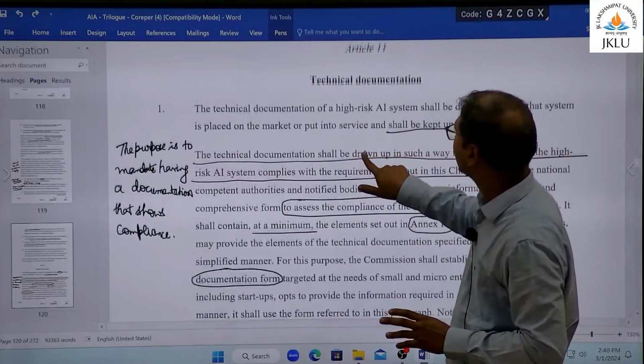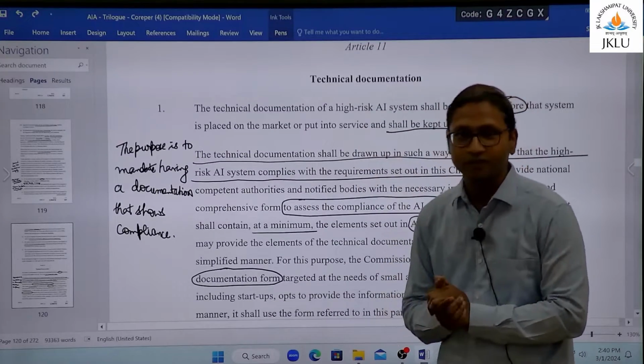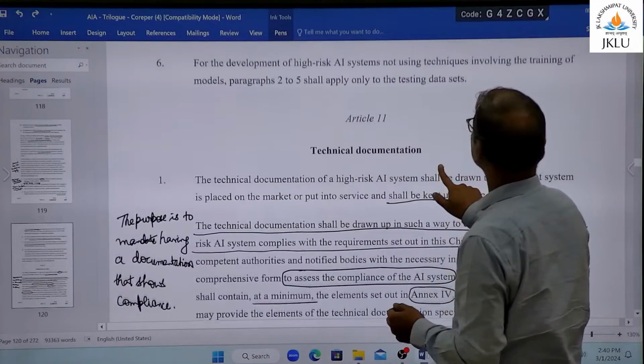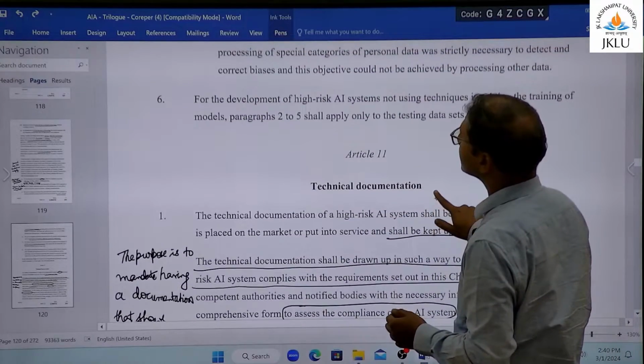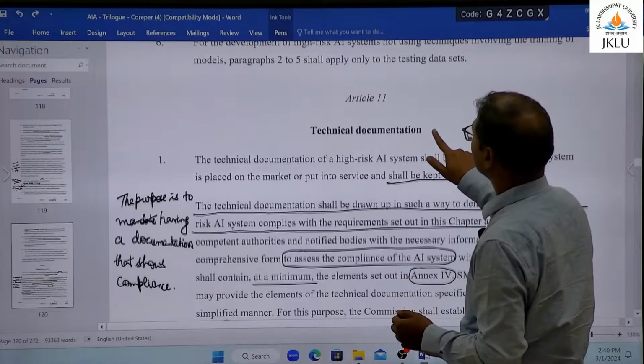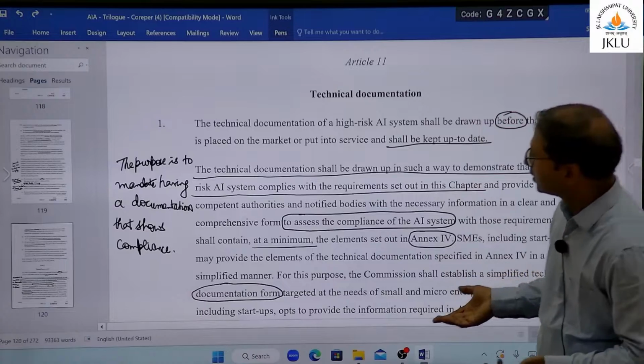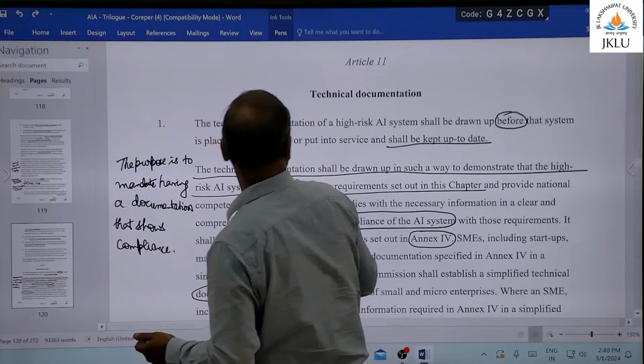All right, Article 11, technical documentation. Now, okay, it seems I have not saved the latest version, because in the latest version I have written here or somewhere, I don't know. So maybe somewhere there.